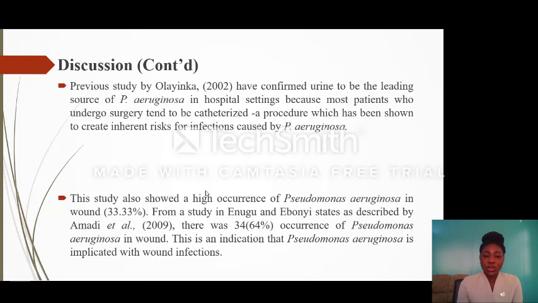This study also showed a high occurrence of Pseudomonas aeruginosa in wounds. From a study in Enugu and Ebonyi states of Nigeria, as described by Amadi et al., 2009, there was 64% occurrence of Pseudomonas aeruginosa in wounds. This is an indication that Pseudomonas aeruginosa is truly implicated in wound infections.